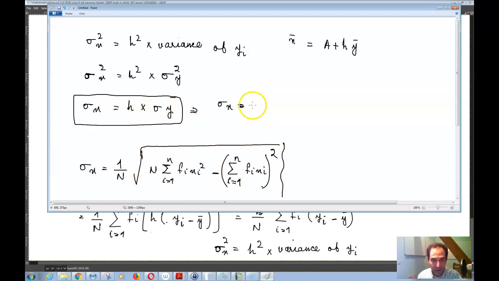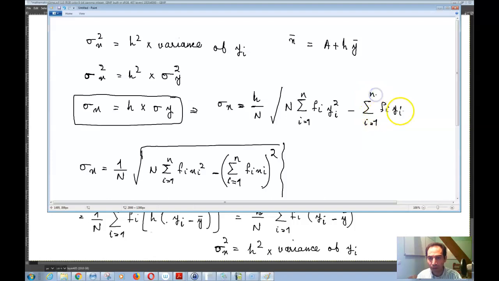So I write this as h over n times the square root of, for example, n times sigma f of i, instead of x of i I write y of i, whole squared, as i goes from 1 to n, minus, for example, sigma of f of i y of i as i goes from 1 to n, and raise this to the second power.